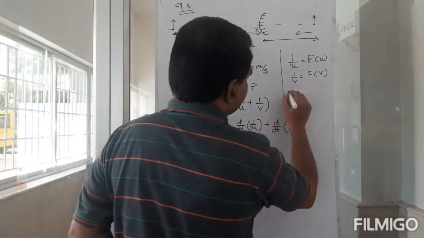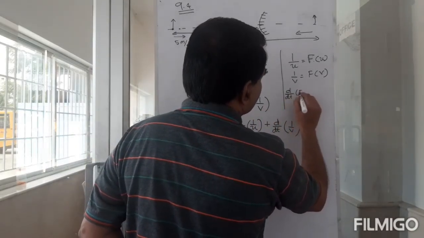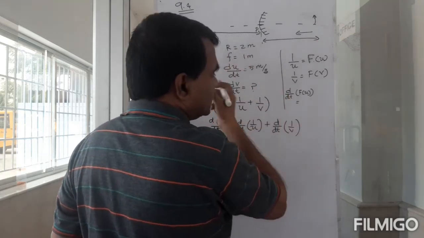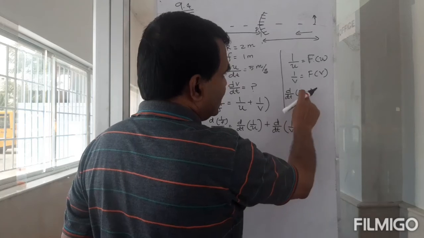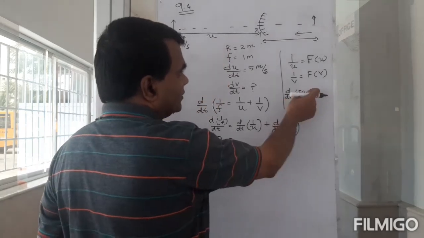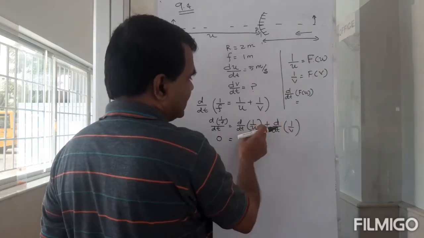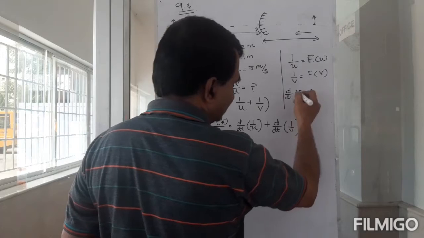When I differentiate a function, d by dt of f of u, this is a function of u and u is a function of time, so u depends on time, and f depends on time too indirectly. What you've got here is a function of u. So how do you do this?